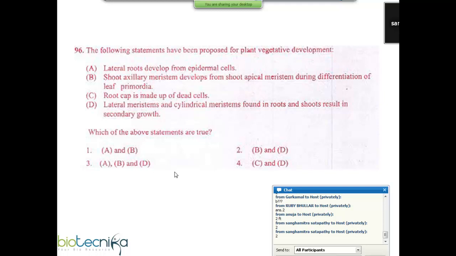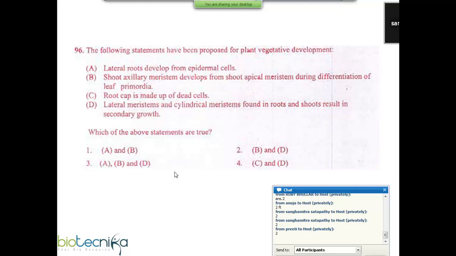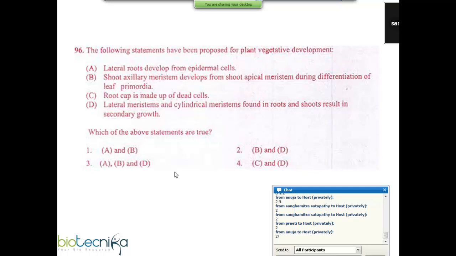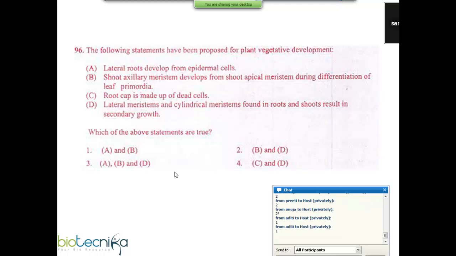How come the D option is wrong? So A is gone. What about B?